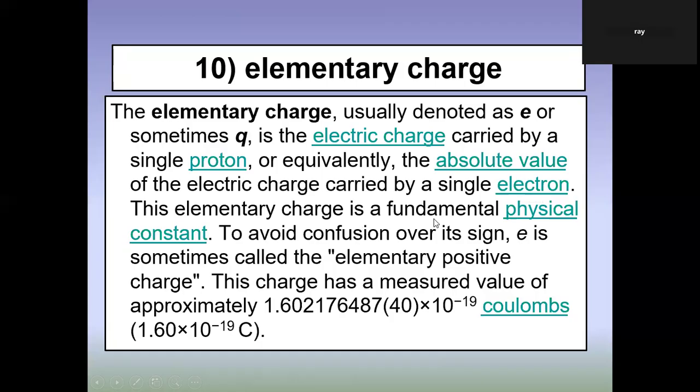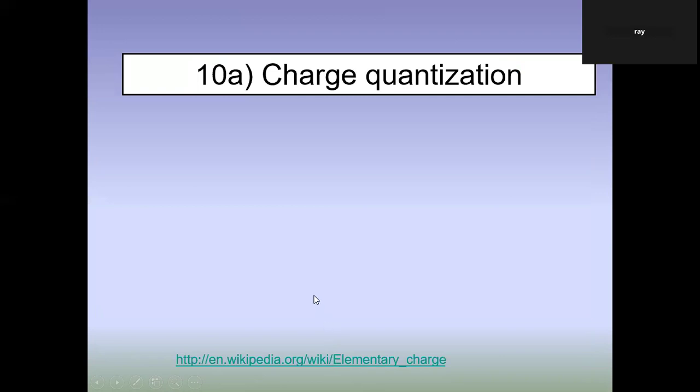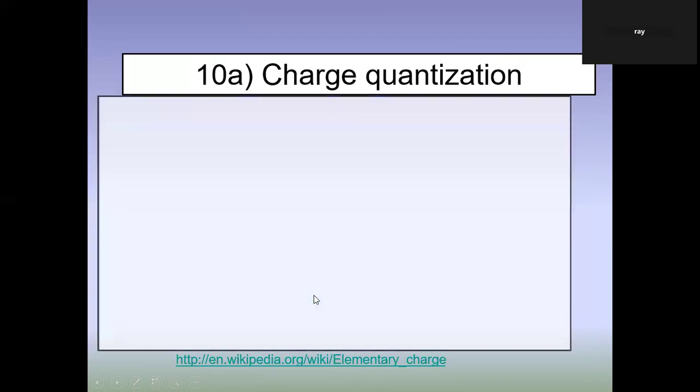Elementary charge is a fundamental physical constant. To avoid confusion, e is called the elementary positive charge, and that is the value. We won't go to too many decimal places.